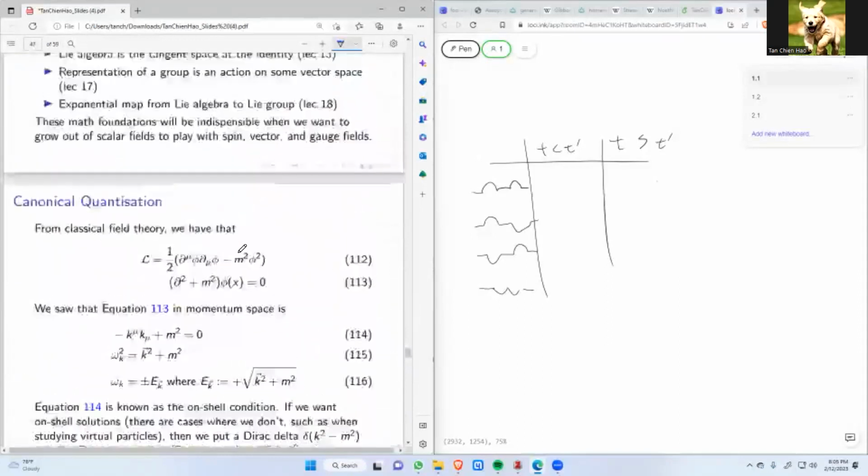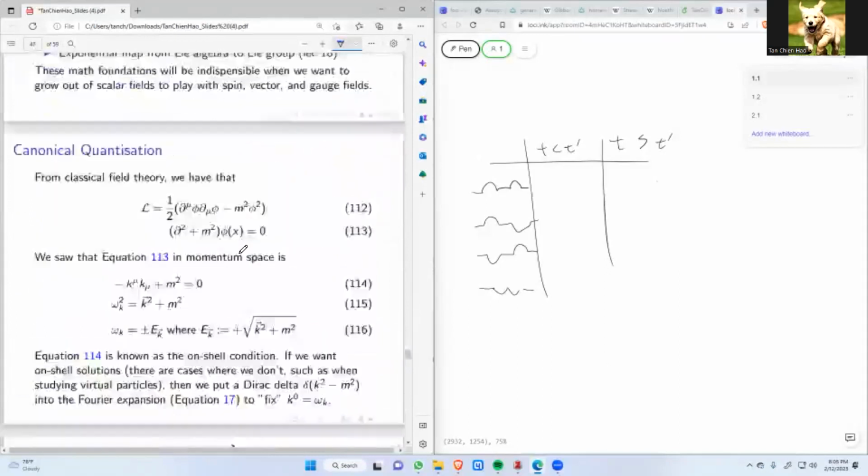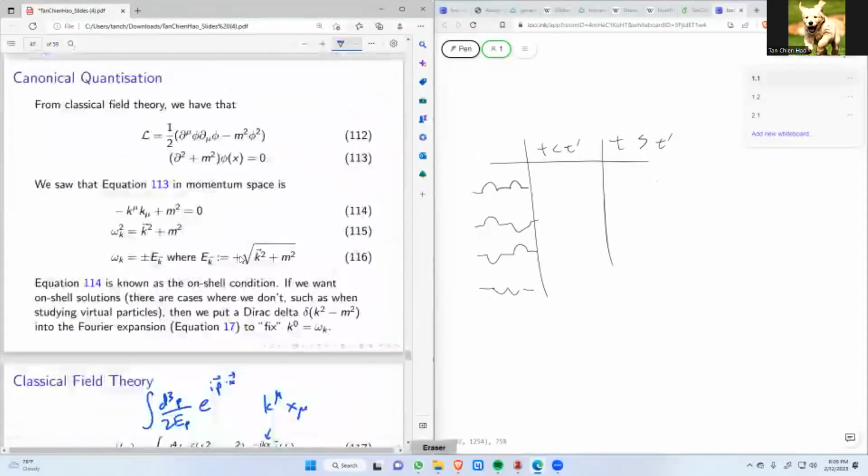Okay, so in classical field theory, let me just erase all these. Previously, where we left off was that in a classical theory, we write down a Lagrangian, and the Lagrangian tells us how to calculate the action. The action is the integral of the Lagrangian with respect to time.